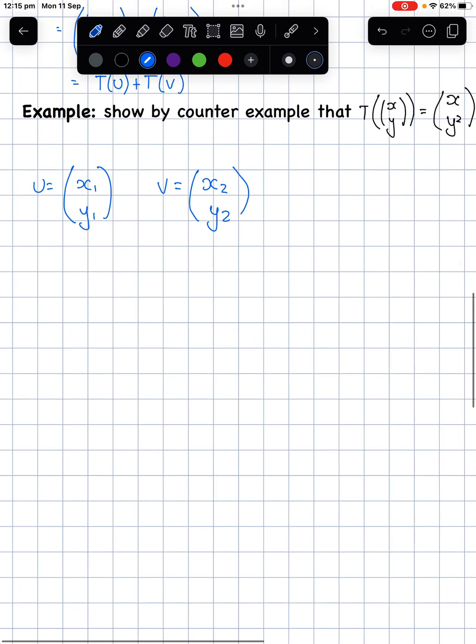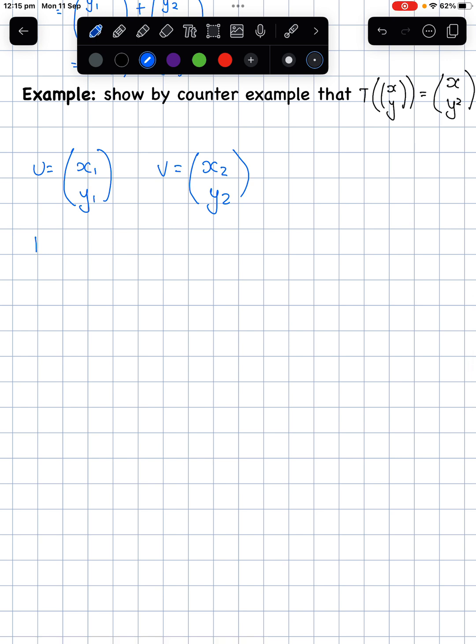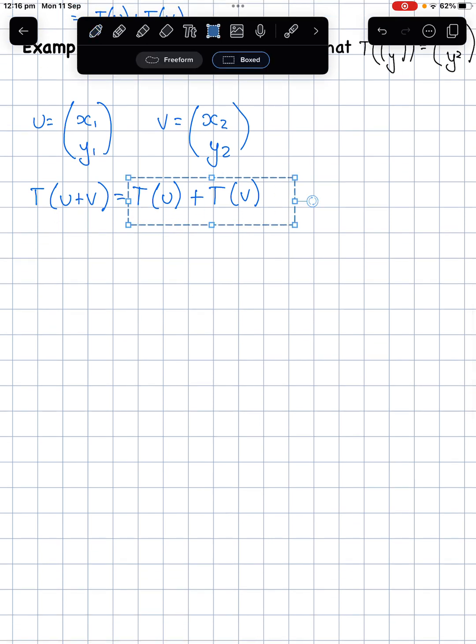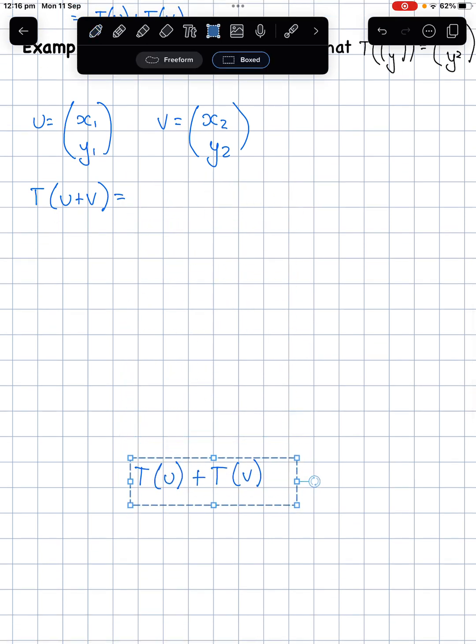If we're going to do this as a counterexample, we remember that we're looking at T(u plus v) equals T(u) plus T(v). I'm going to drag that down because that's what we're aiming for.